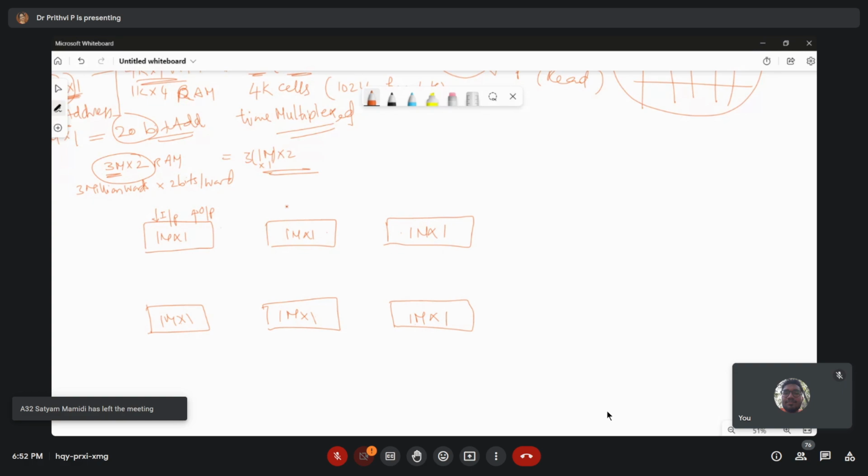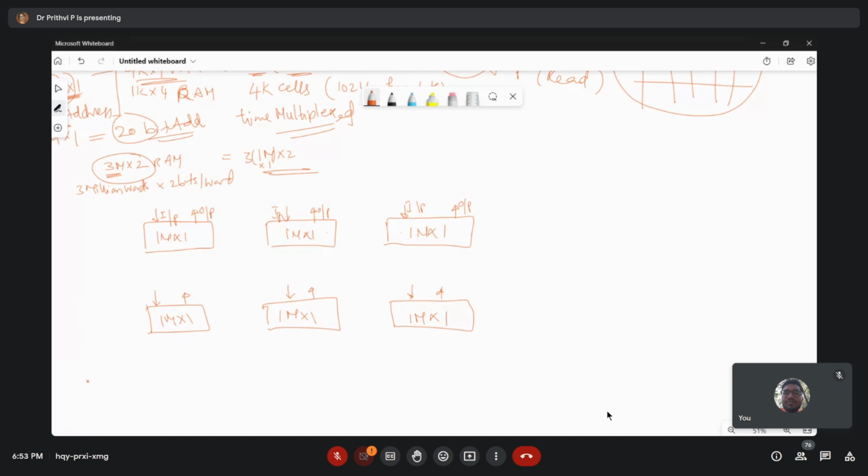For read and write operation, there should be input and there should be output. The same thing happens here also: input and output for specific read-write operations.